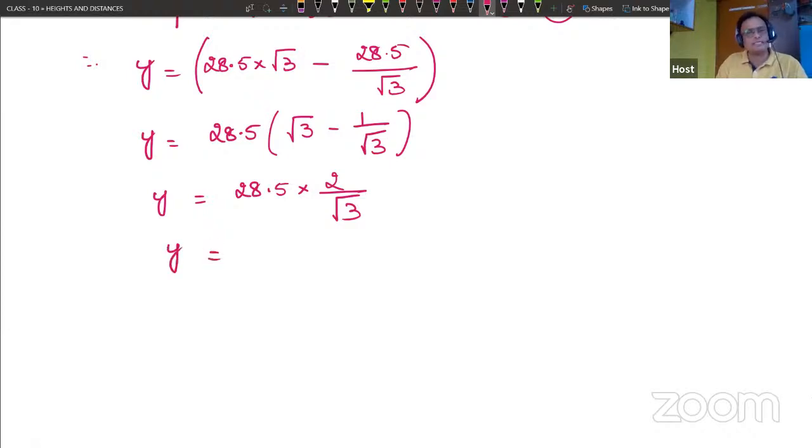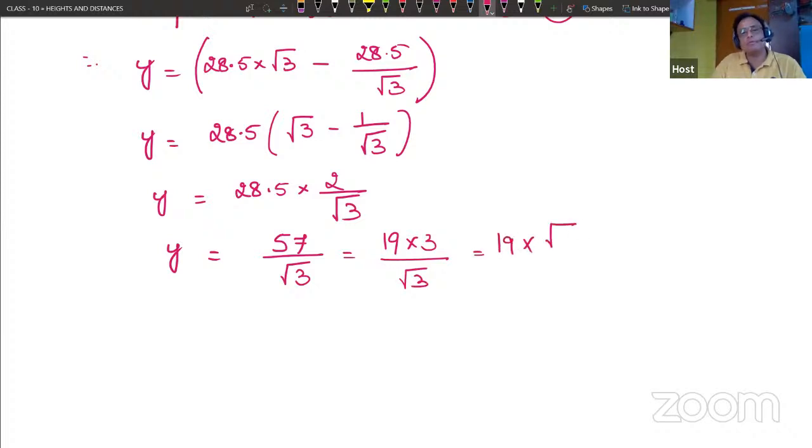28 2s are 56, so that is 57. 57 by root 3. But we simplify further, 19 3s are 57, and further we simplify 19 into 3. We can write 3 as root 3 into root 3, so root 3 into root 3 divided by root 3, then root 3 gets cancelled. The ultimate answer is 19 root 3 meters.